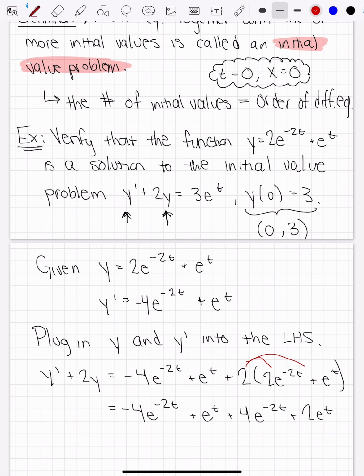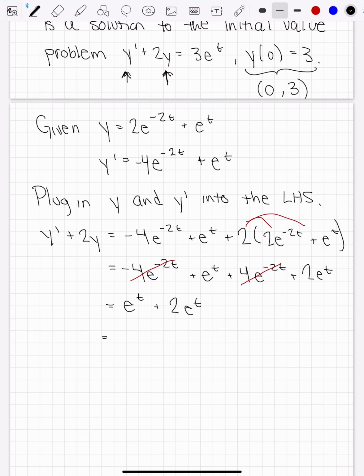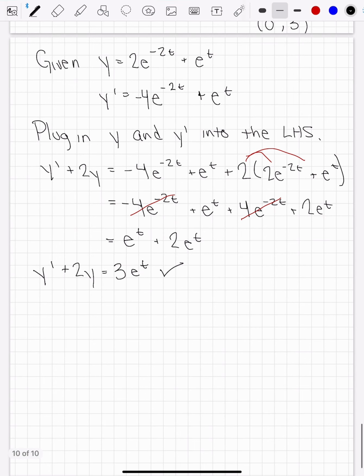Now you see we have a -4e to the -2t and a positive one, so those cancel out. Then we have left e^t plus 2e^t, and we can add them because they're like terms. We add the coefficients, so 1 plus 2 is 3e^t. So we have y prime plus 2y is 3e^t, which is what we wanted the right-hand side to equal. So we verify that the function is a solution to the differential equation.